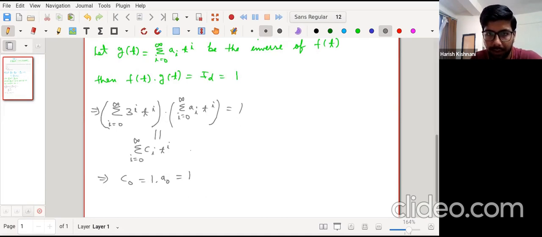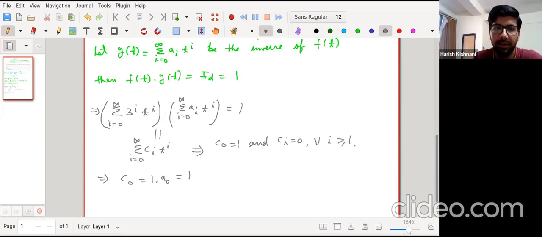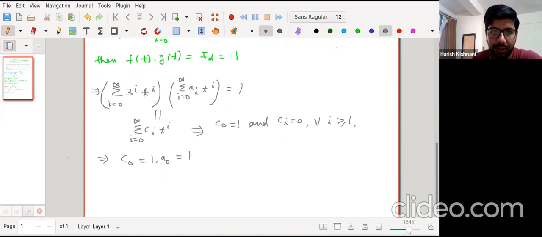I can write that this implies that c_0 is 1 and c_i is 0 for all i greater than or equal to 1. So your c_0 is 1, which is equal to 1 times a_0, which implies a_0 is 1.